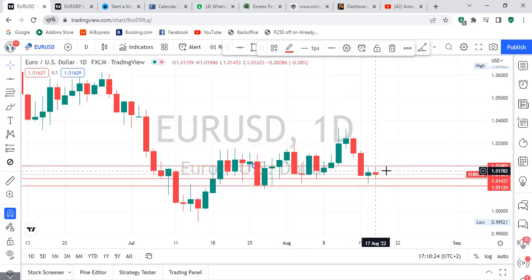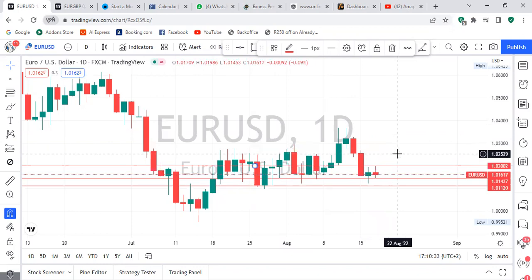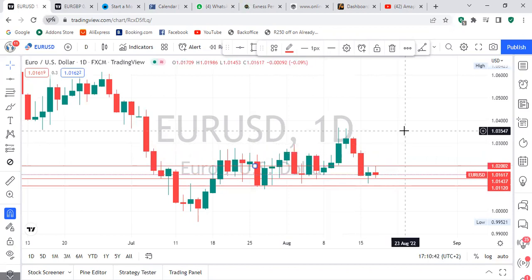So once we break this area, it means we are now trying to go where? To this area here. So firstly, we fill this zone where this body here on the 15th of August is. We're going to fill this body before going up, right? So this is our daily support.